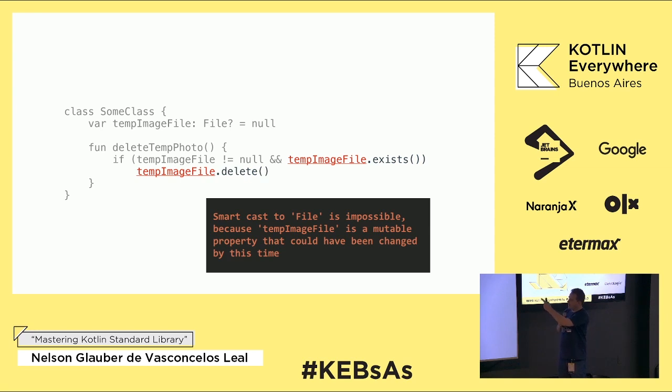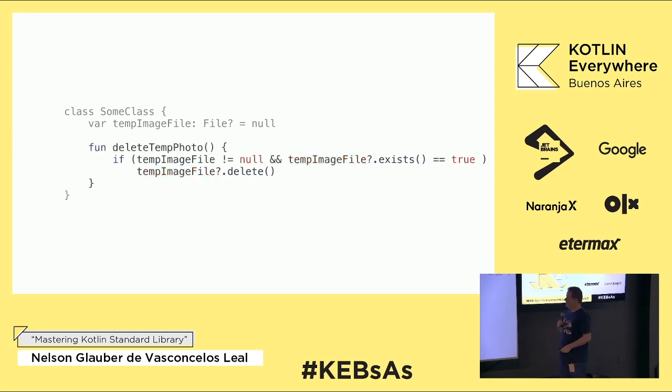Here I have a variable, so it's not guaranteed that this image file is not null anymore. Because when I check if it's null and check here, this variable can be changed by another thread, for example. So you can replace the code with this approach, but this approach is weird.